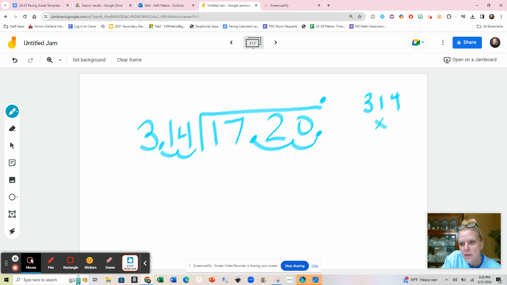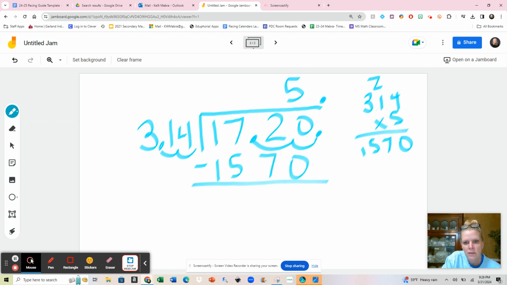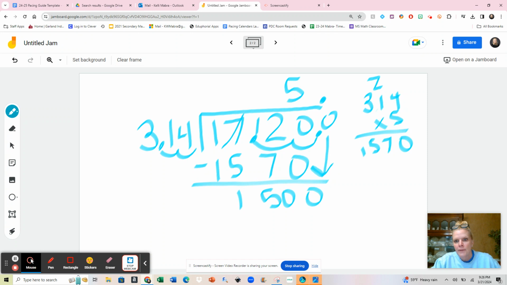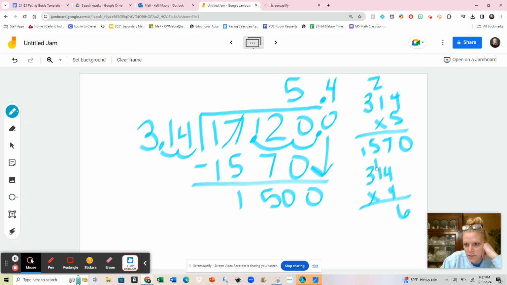3.14 times 5 is 15.70. It's going to be 5 and some change. Subtract, and we get 1.50, bring down another 0. So it's going to be 5.4 something. 3.14 times 4 is 12.56, something like that.